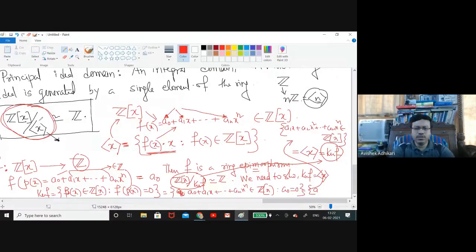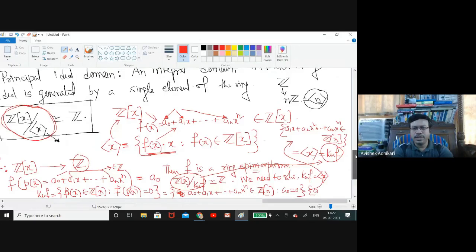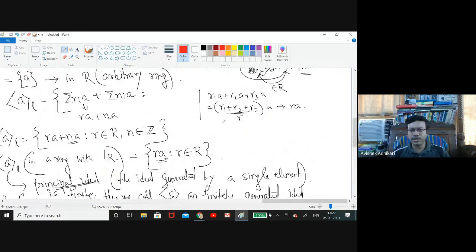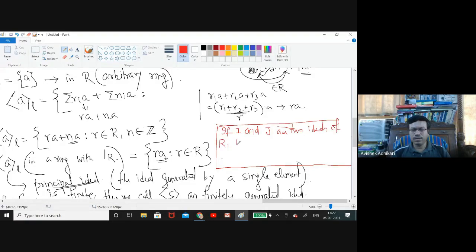Okay. So from here, I give you a few things that you need to read from the book. You can read any of the books, such as Dummit and Foote, or my book, or Malik, Mordeson and Sen. If I and J are two ideals of R, then what about the operations I plus J and I dot J?